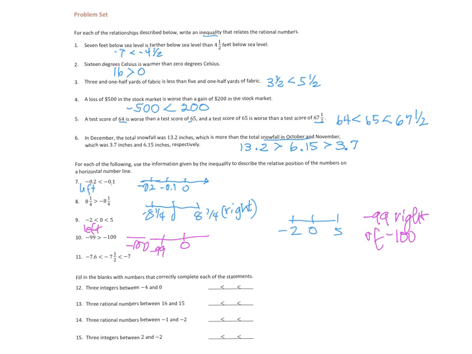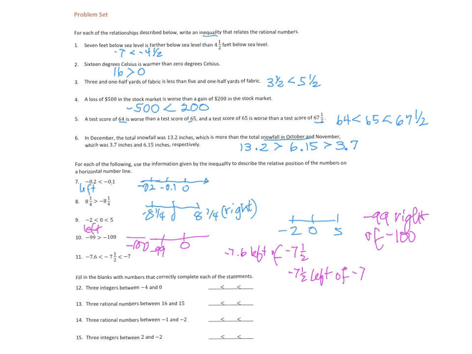Then 11, I'm looking at negative 7 and 6/10 is less than negative 7.5 is less than negative 7. Okay, so I could say negative 7 and 6/10 is to the left of negative 7.5, which is to the left of negative 7.